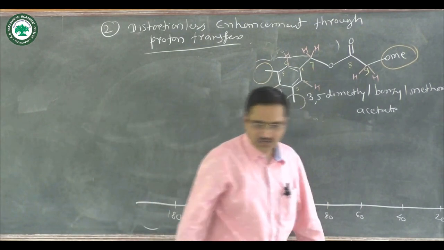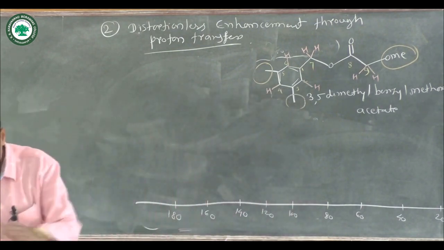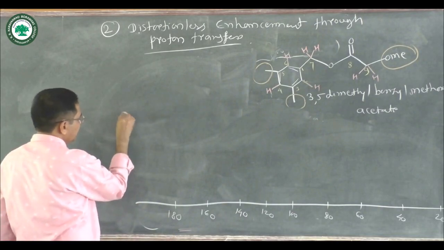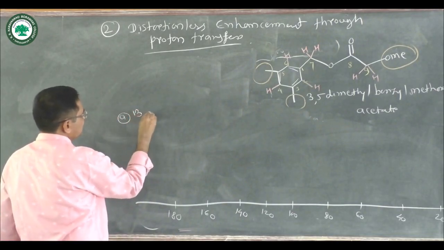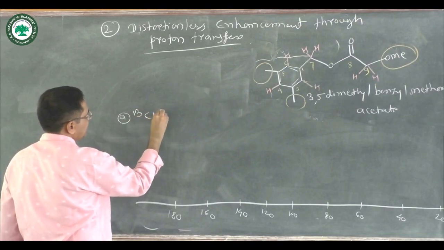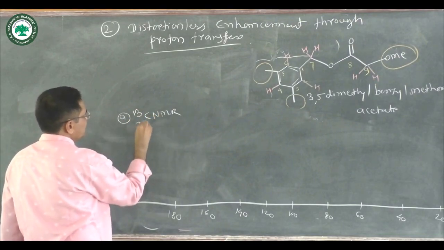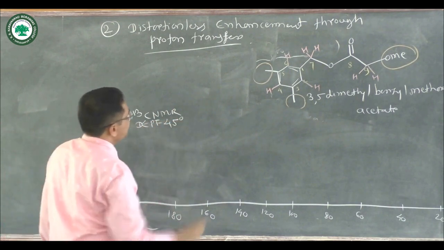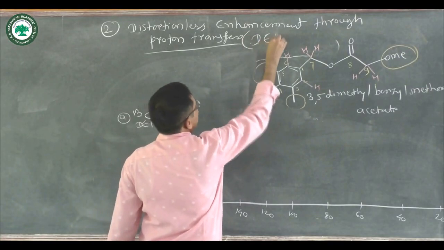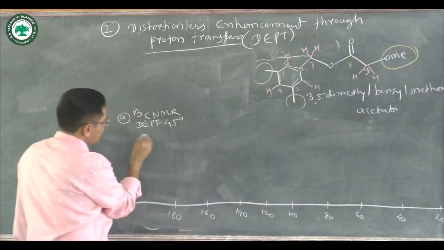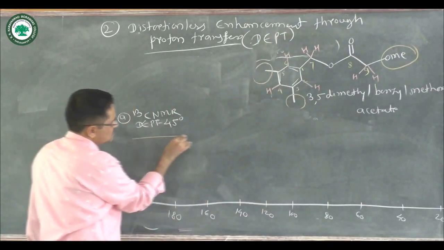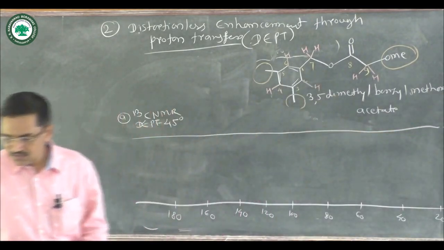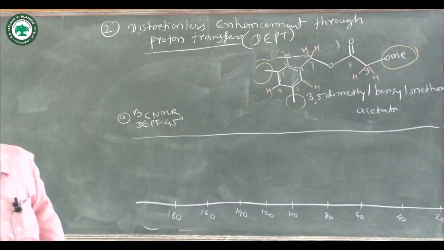The spectra is not to scale. Now, the first spectrum A, that is 13C NMR DEPT 45 degree. The short form is DEPT, and here all signals are observed.